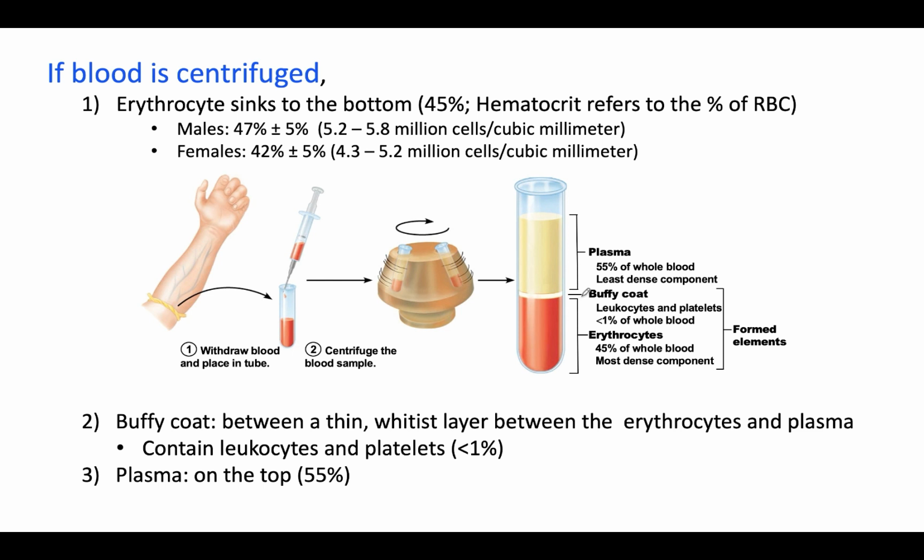White blood cells and platelets in the buffy coat contribute less than 1%, and plasma makes up most of the remaining 55% of whole blood. So 45% of whole blood is filled with erythrocytes. We express that as hematocrit is 45%.